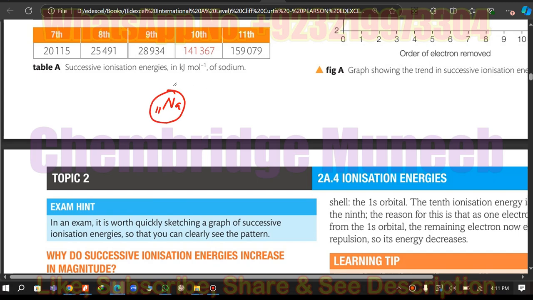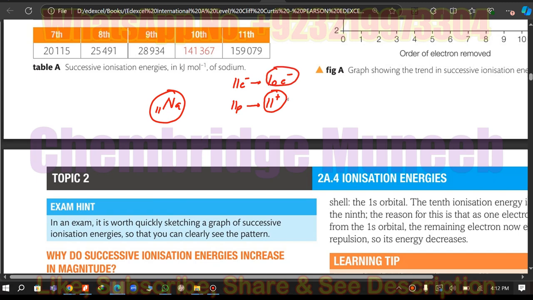It has 11 electrons in all 3 shells combined, but when we remove 1 electron, we get 10 electrons, but the protons remain the same. They will not change. We'll have 11 positive charges on the 11 protons and 10 negative charges on 10 electrons.